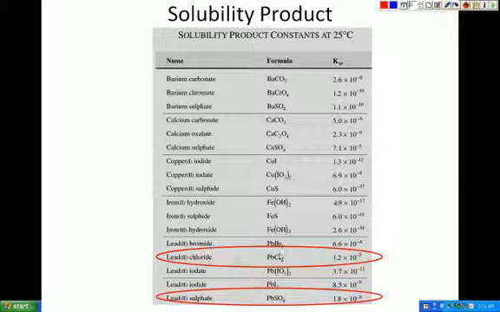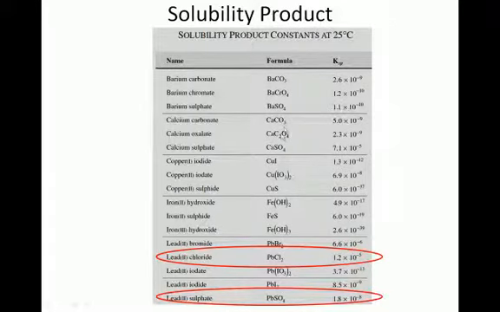The first problem is about lead 2 chloride, and the second problem is about lead 2 sulfate, so PbCl2 and PbSO4. We're going to have to kind of memorize these numbers. The first one is 1.2 times 10 to the minus 5, and the next one is 1.8 times 10 to the minus 8. So we're going to do two problems involving these solubility product constants.